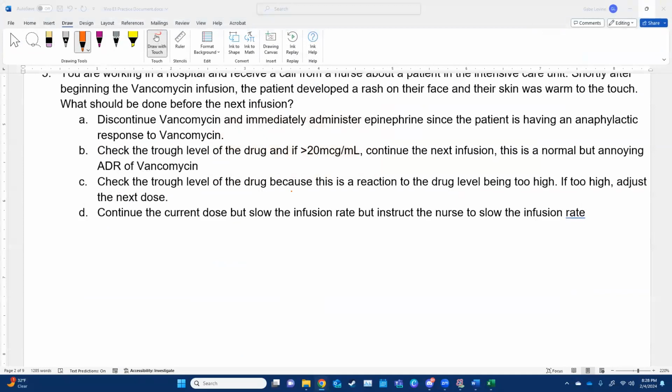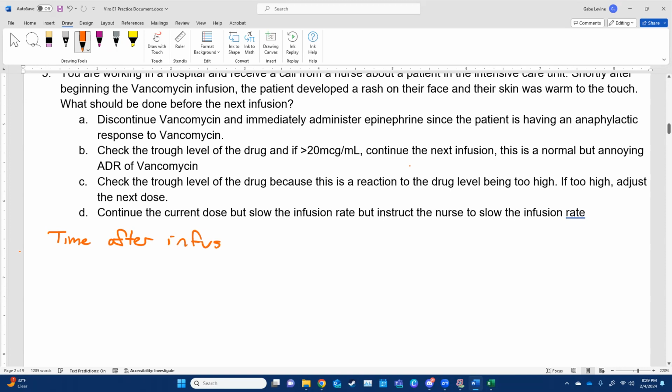So rash by itself is kind of the term that gets thrown around when you get called up about vancomycin. What's important though is the time after infusion. For red man syndrome, we're talking 4 to 10 minutes after beginning the infusion. It's an immediate reaction.